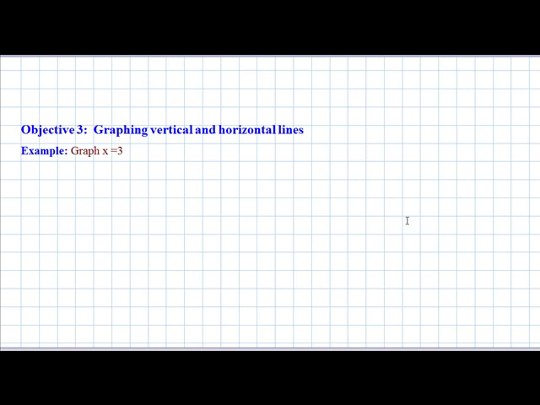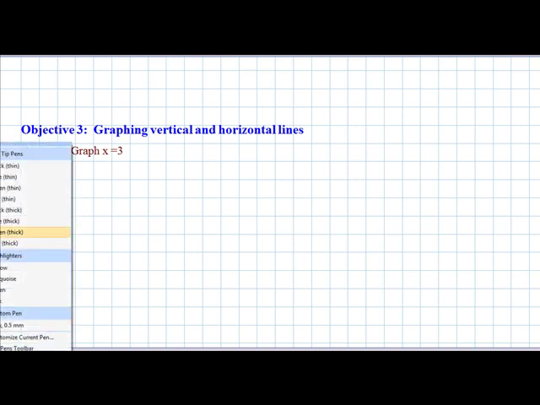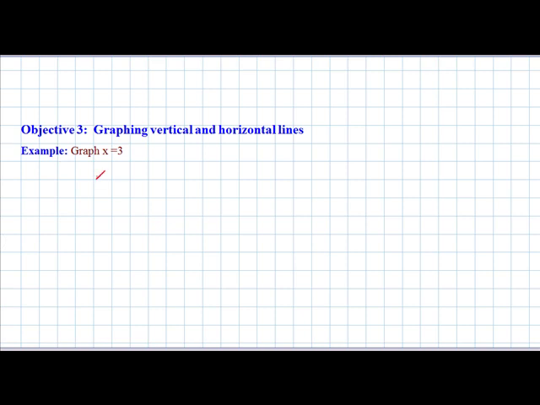Now this equation here we can rewrite as x plus 0 times y equals 3. Okay, the same equation, but I just rewrite it by putting 0 times y, but 0 times y is 0, you see, so x plus 0 is just x, same as up here.